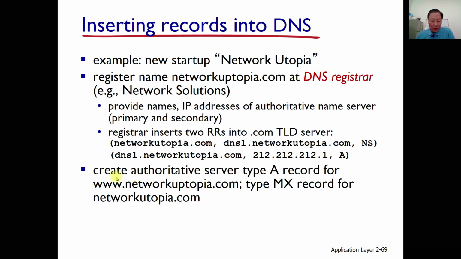After that, we need to create an authoritative server and a type A record for this one, and later for mail, we need to provide an MX record for the mail service, and that is called the DNS server. That DNS server is maintained and administered by this new company.